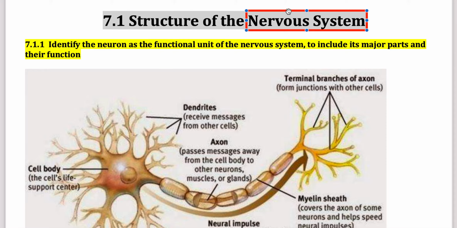The word nervous has nerve, so you can easily say that it is made up of nerves, and nerves are made up of neurons. So simply you can say that the nervous system is made up of neurons. The neuron is the basic structural and functional unit of the nervous system.